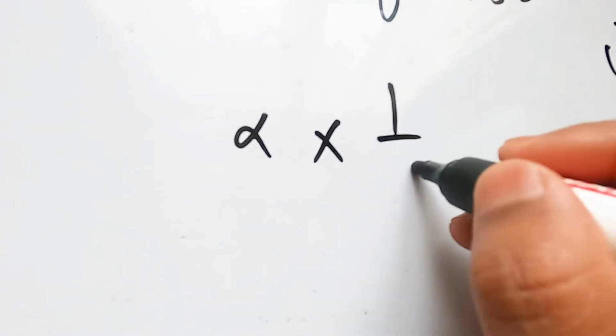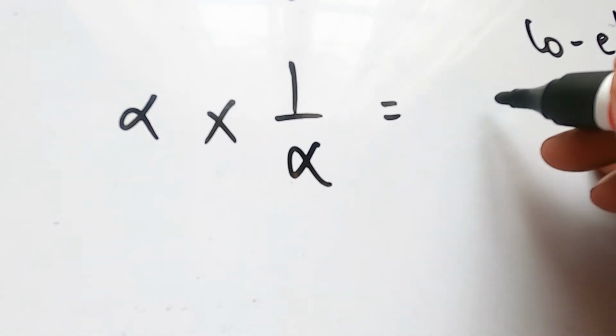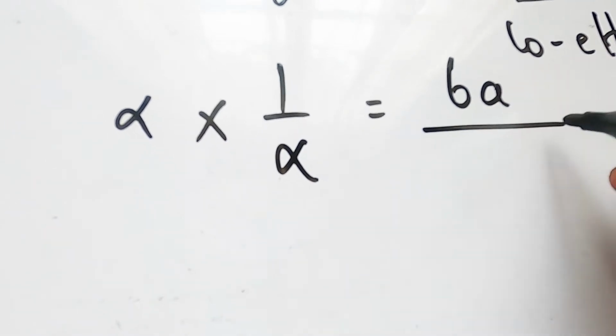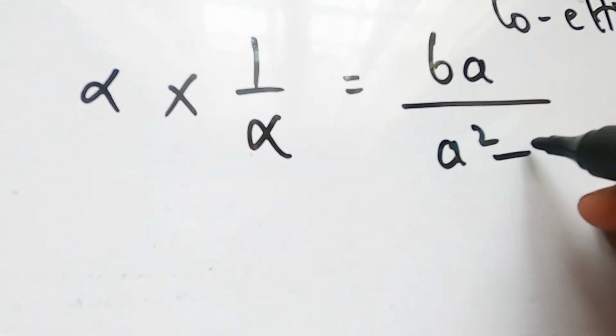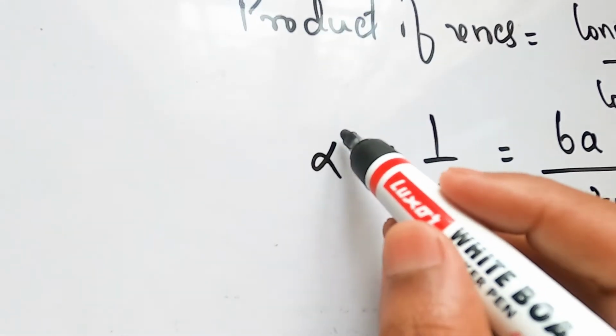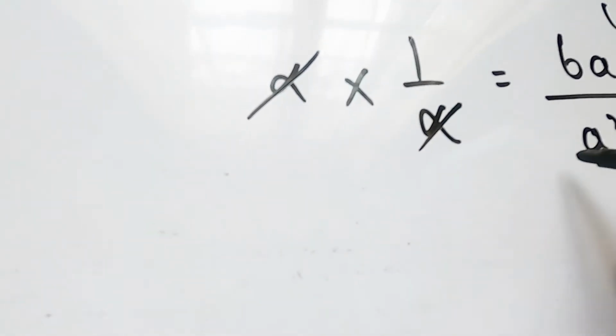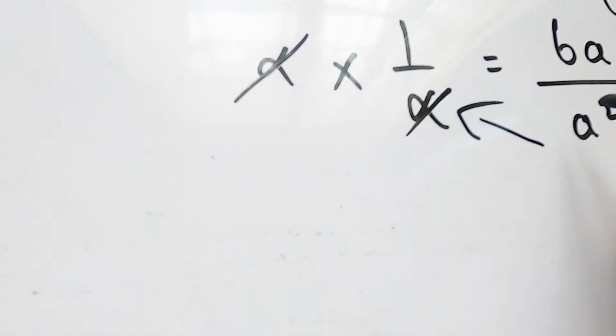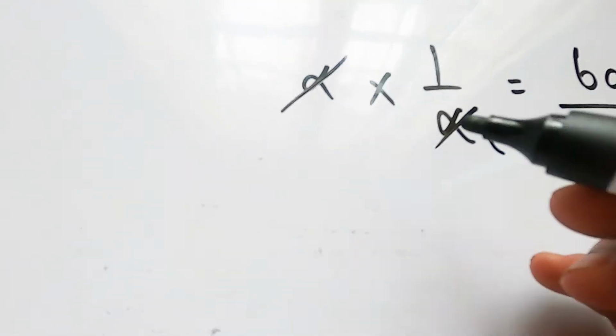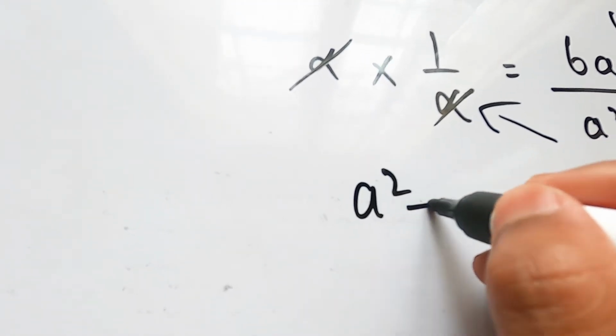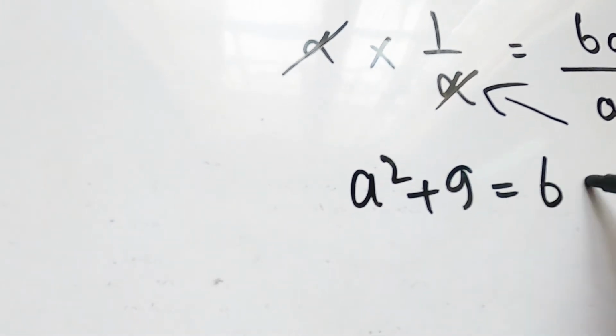So the product of zeros will be alpha into 1 by alpha is equal to the constant term, which is 6a, by a² + 9. So alpha will get cancelled, and a² + 9 will come up by cross product, so it will be a² + 9 is equal to 6a.